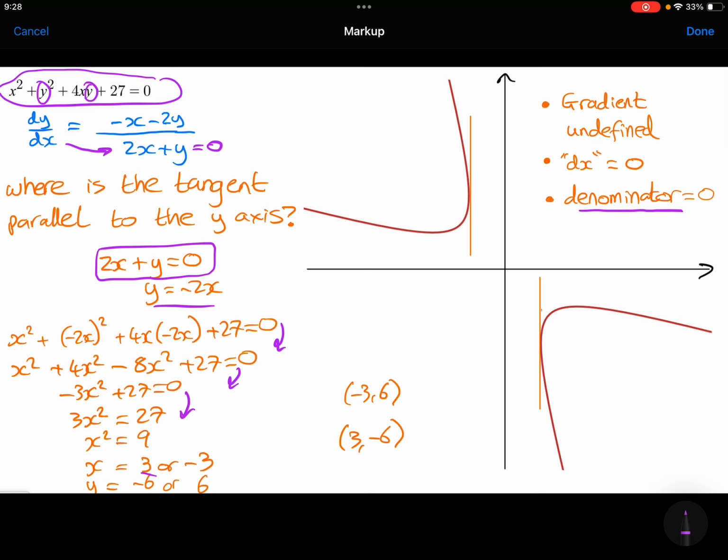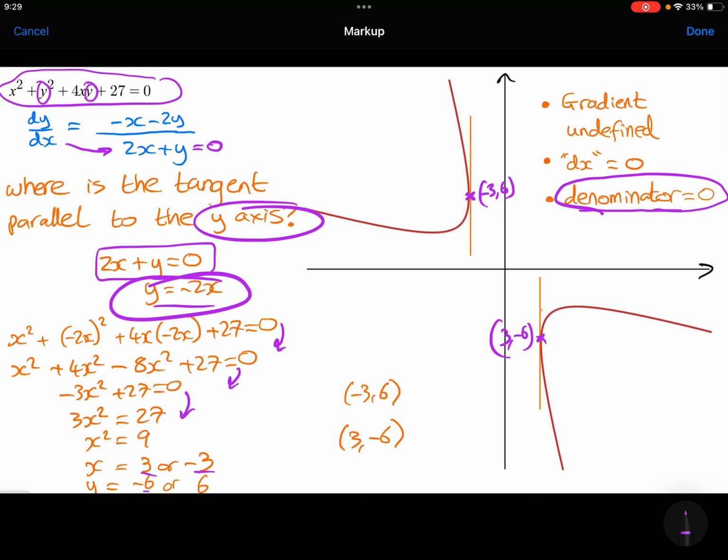I found that either x is 3 or minus 3, and then plugging those back into here to work out the y coordinates. So I've found that this point here was the coordinate minus 3, 6. And this coordinate here was 3, minus 6. So if we want the tangent being parallel to the y-axis, then the denominator is equal to 0.